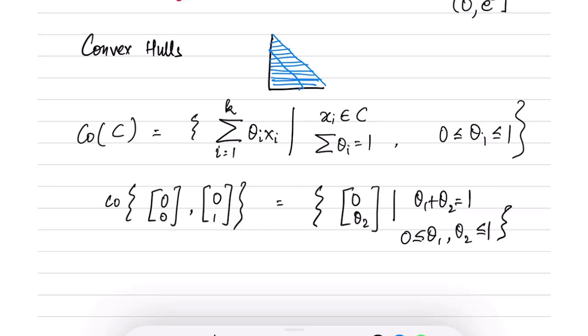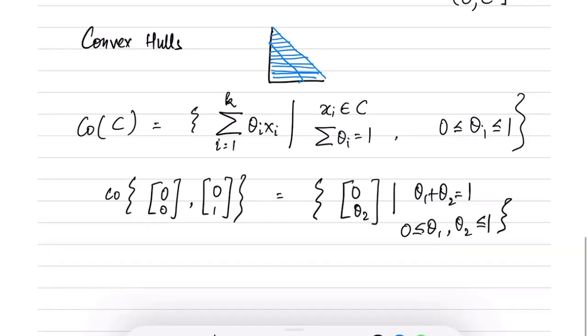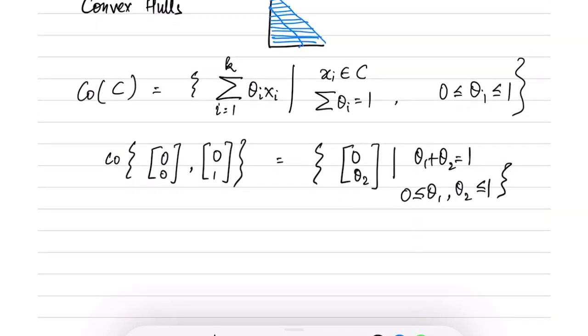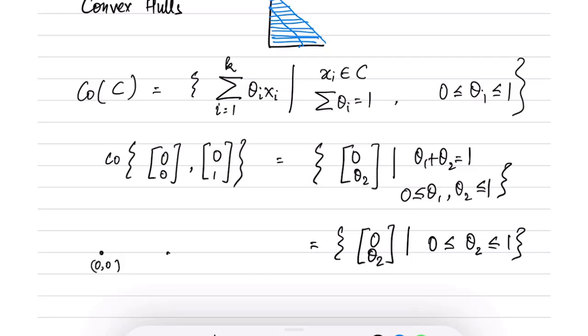Since this set is entirely in terms of theta 2, I can just eliminate theta 1 and write it as 0, theta 2 such that theta 2 is between 0 and 1. So this is the line segment which lies between the points 0, 0 and 0, 1. So clearly the convex hull of these 2 points is the line segment that lies between these 2 points.